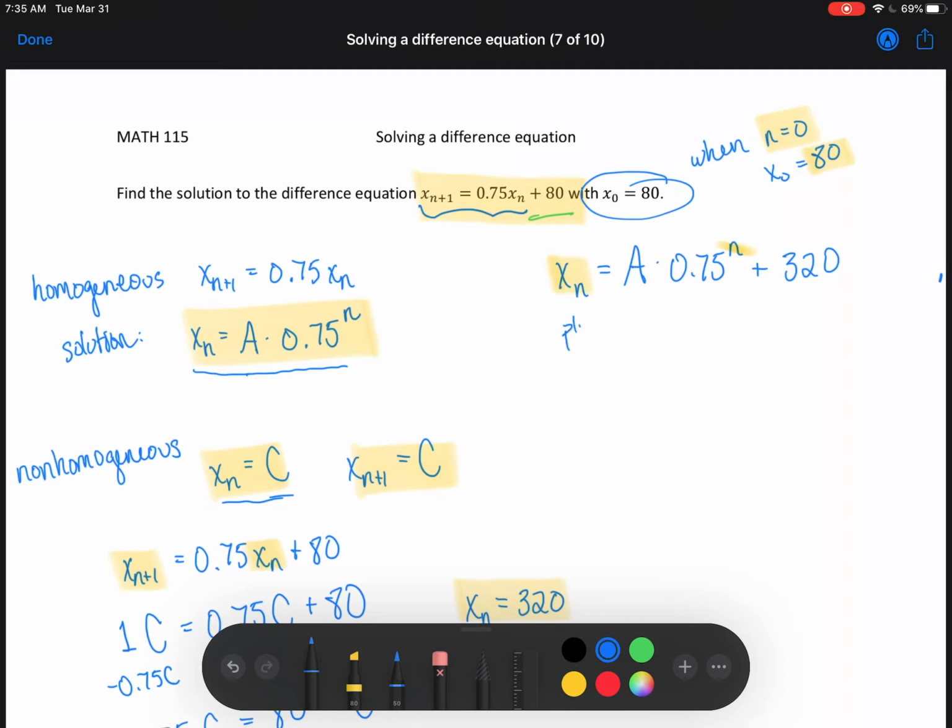Right. So maybe I'll just write that as a step. Plug in n equals 0 and x sub 0 equals 80. So we have x sub 0 on the left, A times 0.75 to the power 0 plus 320. All right, but then we just said x sub 0 on the left-hand side is equal to 80.